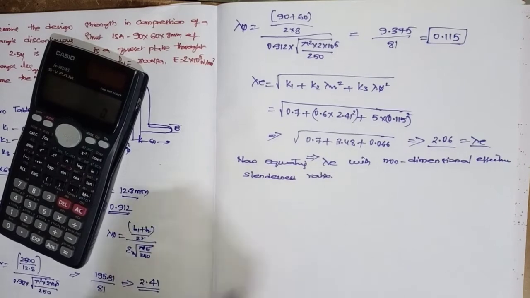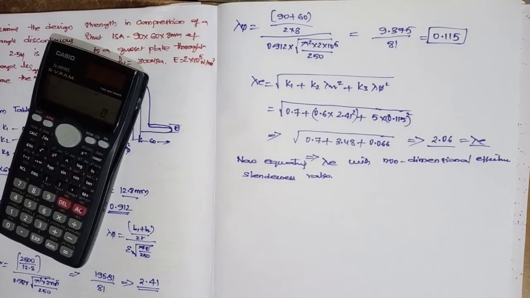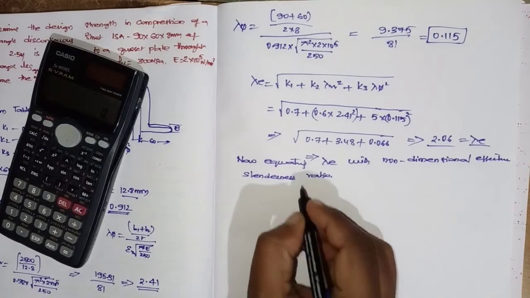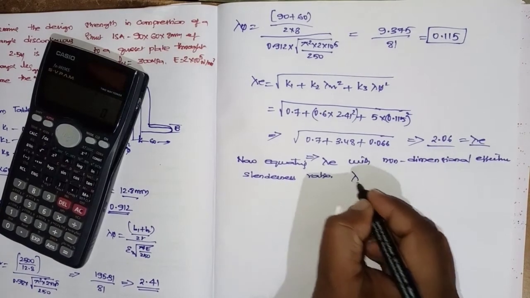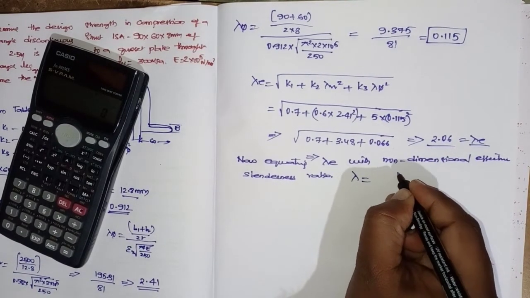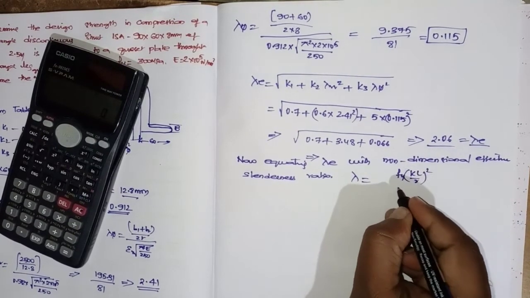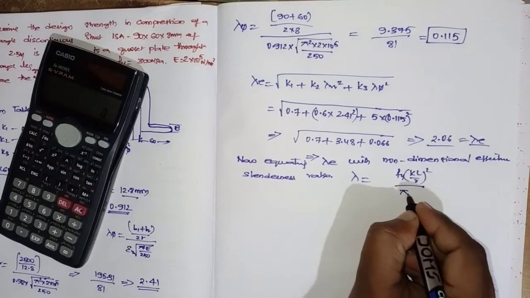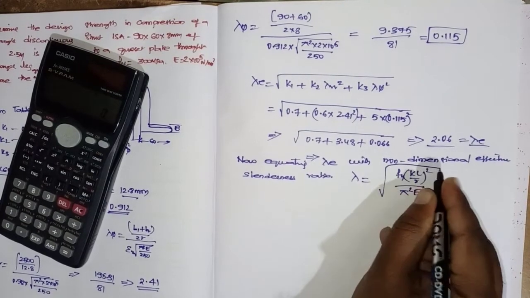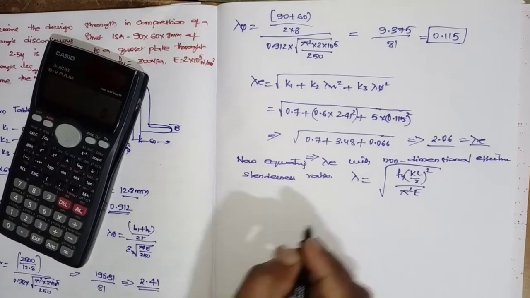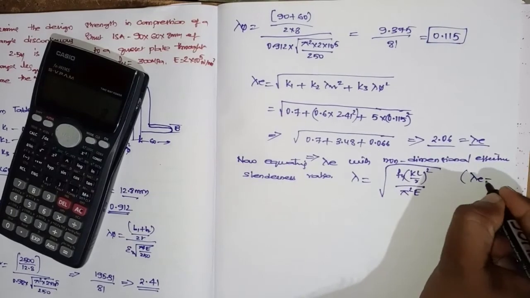Non-dimensional effective slenderness ratio, that is, lambda equals the root of fy into KL by r square by pi square E. We are supposed to equate like this.